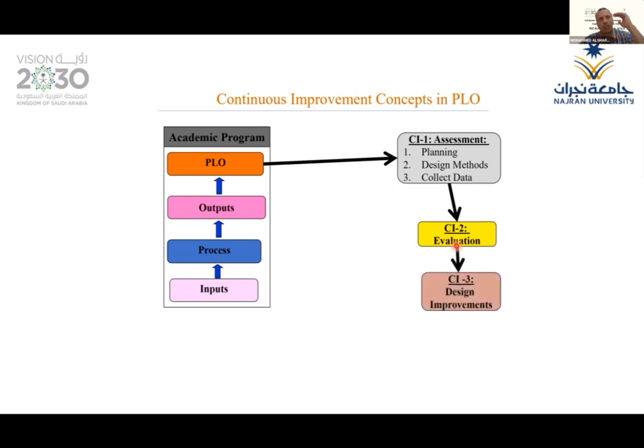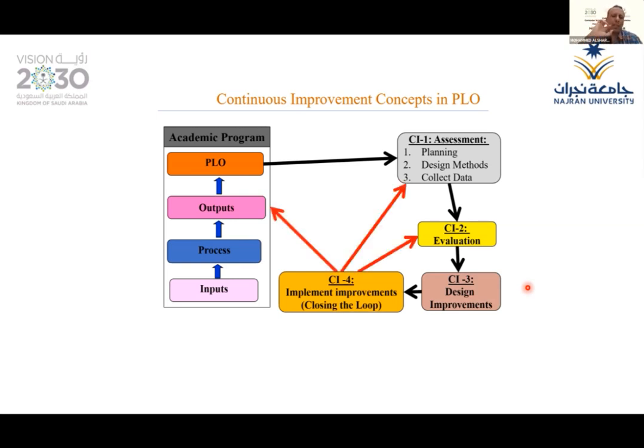Based on the evaluation, which gives us the reason, what was the problem, to identify the problem, we will design an improvement plan. This improvement plan, we have to close the loop by implementation, which could go anywhere. This is very simple continuous improvement. So if any question, mention that, what is the continuous improvement framework and concepts for learning outcomes?